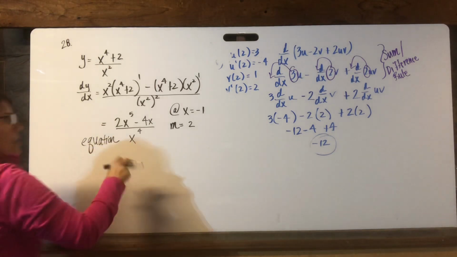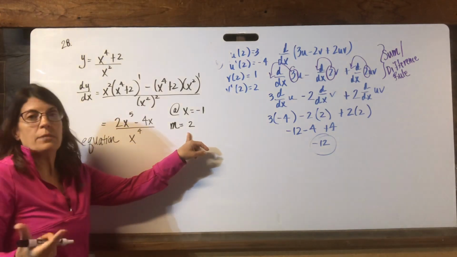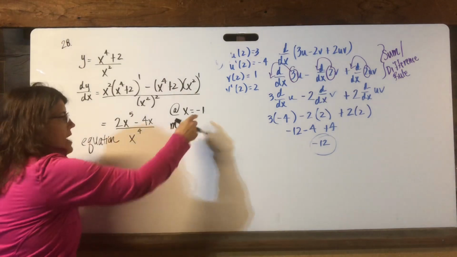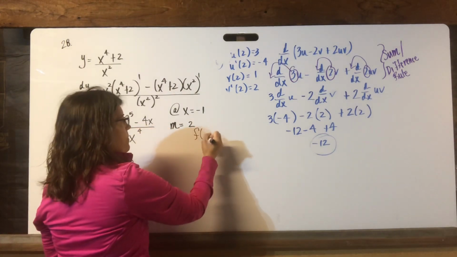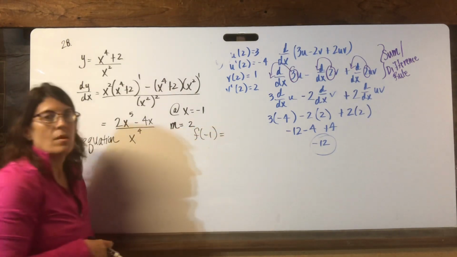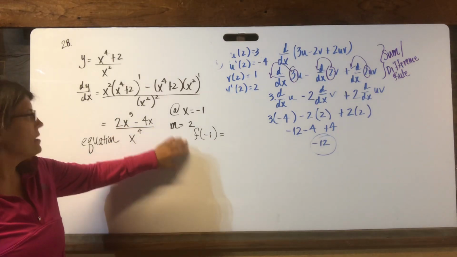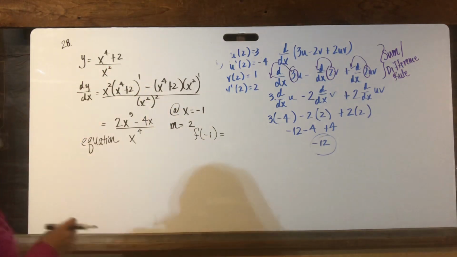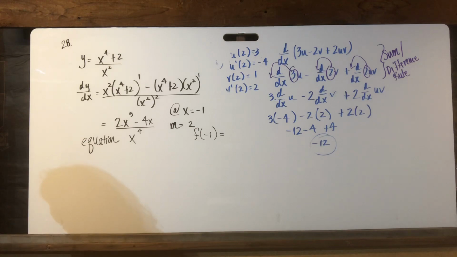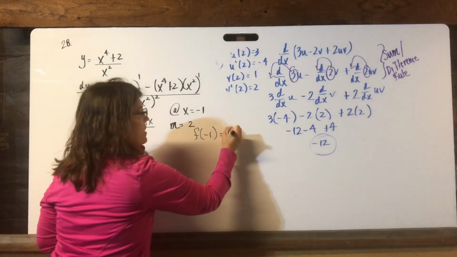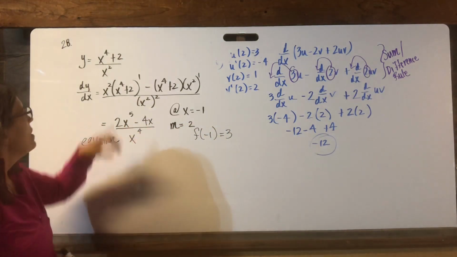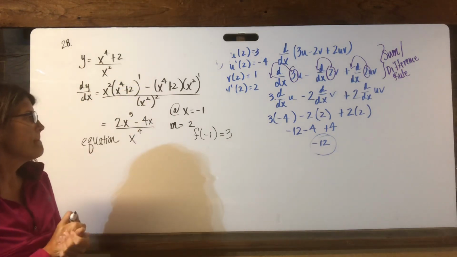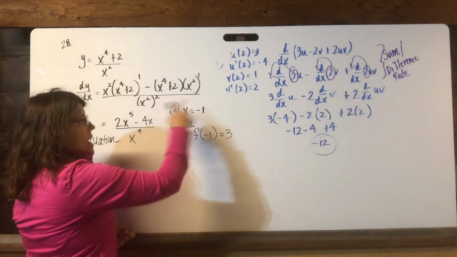Okay, well, I have the slope. I need a point, but you have a point. At x is -1, plugging into the original function, I think we get 3, if I've done it right. Yeah, it's 3. So now I know my slope, I know a point.